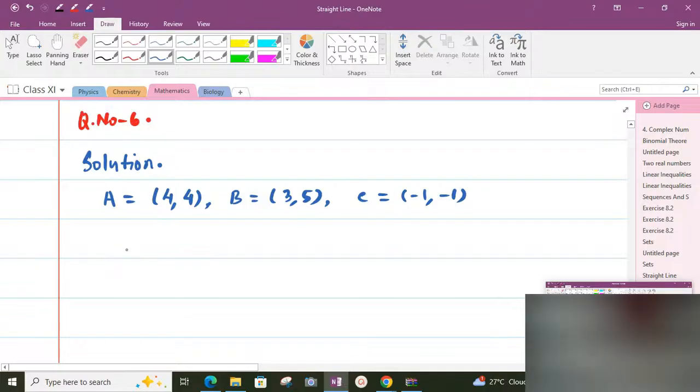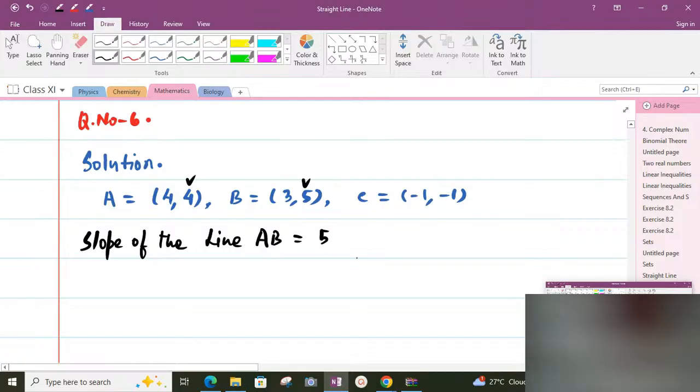So we find out the slope of the line AB. The slope of the line AB here will be 5 minus 4 by 3 minus 4. According to the formula, y2 minus y1 by x2 minus x1 equals the slope of the line whose two points are given.